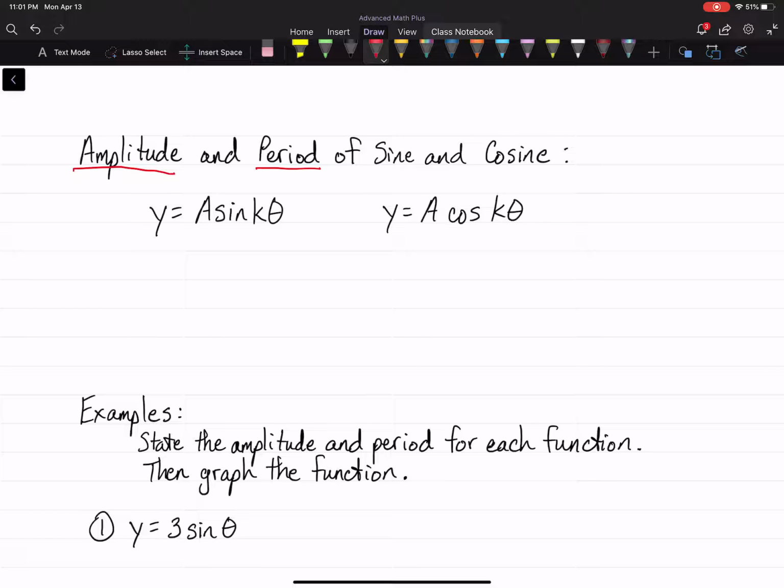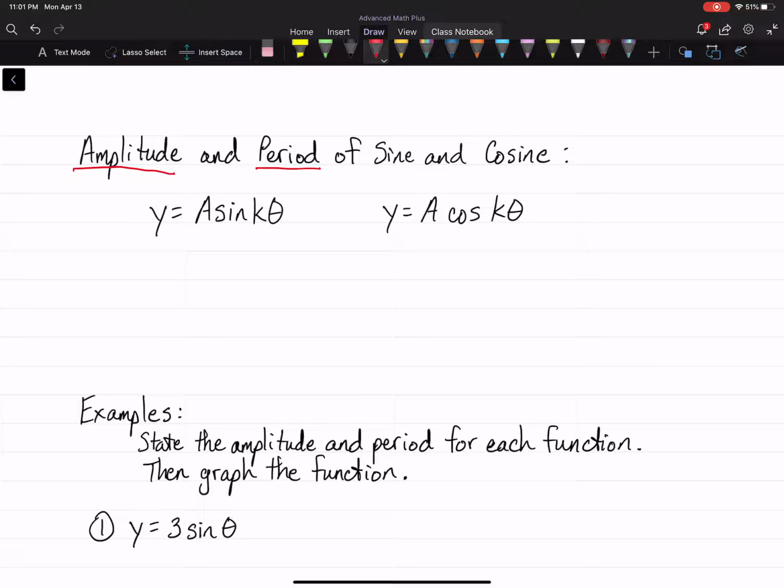If you've forgotten or don't know, your amplitude is how far the wavelength goes up or down from the midline. Your amplitude is always a positive number because it is a distance, and the period is how many degrees your equation goes through before it starts over again.